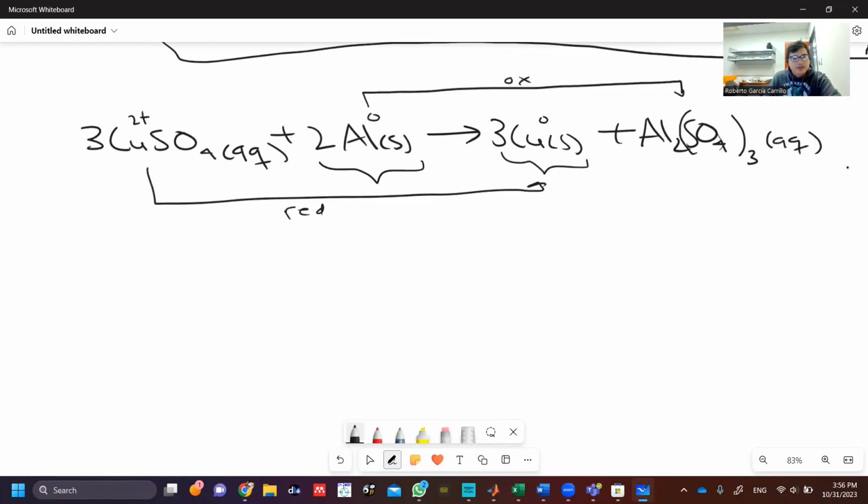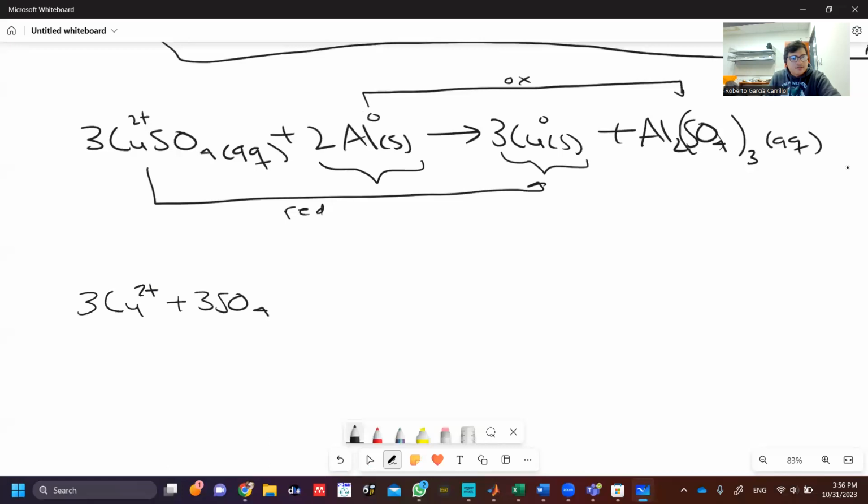If we separate out the equation into the ions, so the total ionic equation, we can see that 3 copper ions plus 3 sulfate ions.